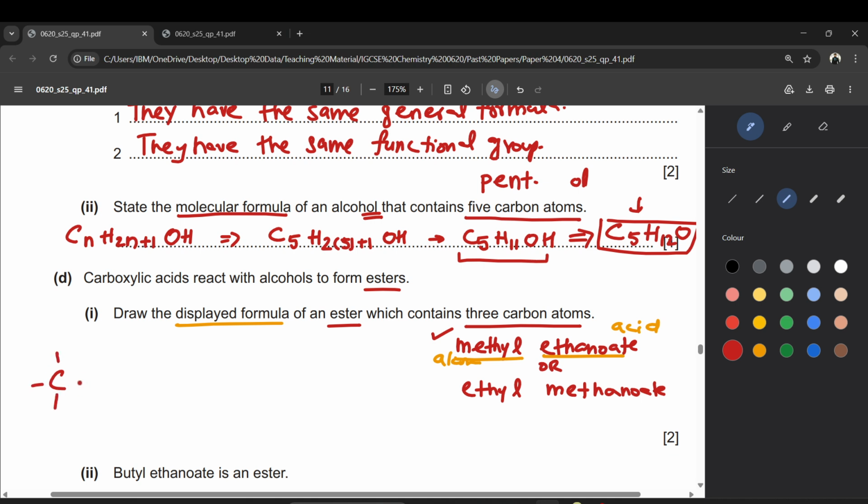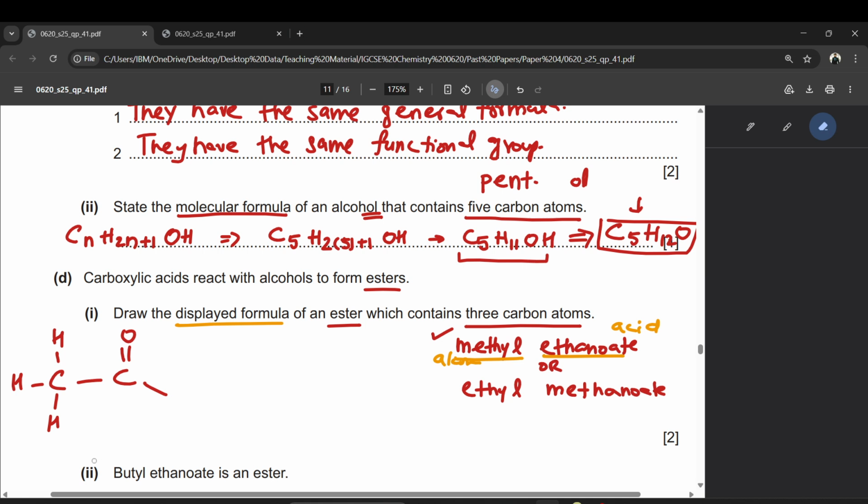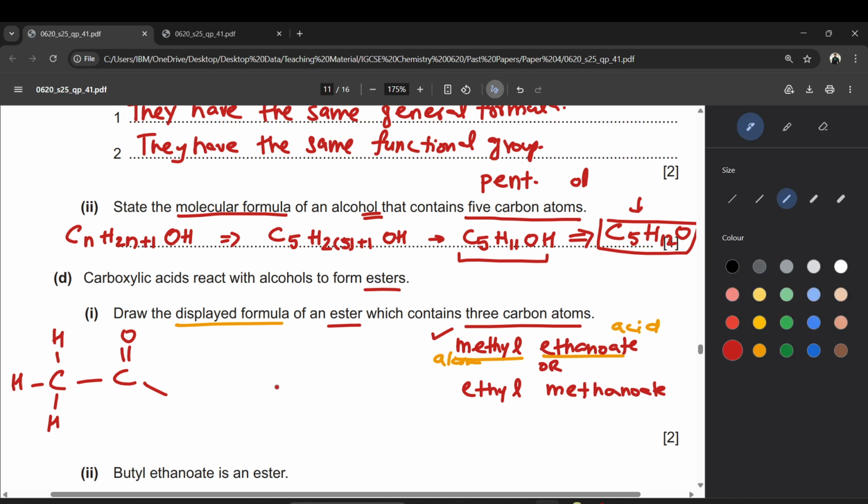You have CH3, then we have a carbon to oxygen double bond. Now for ethanoic acid, you would have had this one, right? But while you're making an ester, this OH is removed. As for methanol, the oxygen of methanol is connected to this, and then you have this structure.